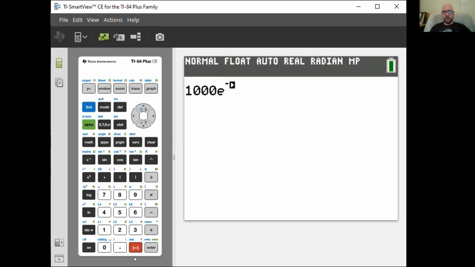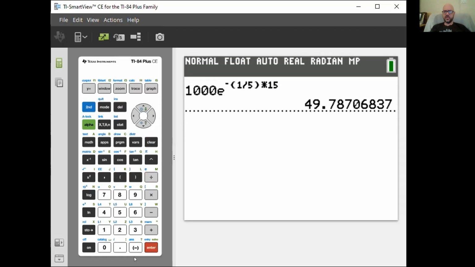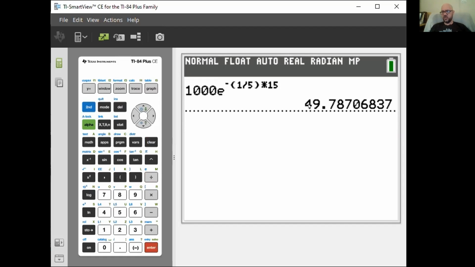So negative, and it was 1/5. So here I'm just going to put in parentheses 1/5, close parentheses, times 15. Right, so I can do this all on the keyboard without having to mouse over things, which is kind of nice. You get used to that. You get faster with it if you use the keyboard shortcuts. So like 50-ish people, right? 49.8 people, so about 50 people.